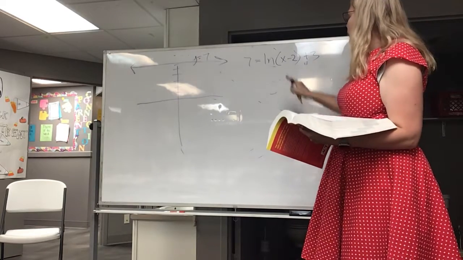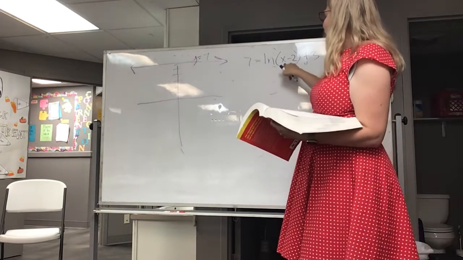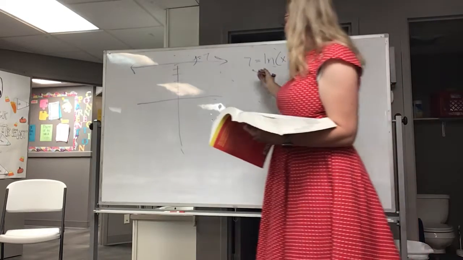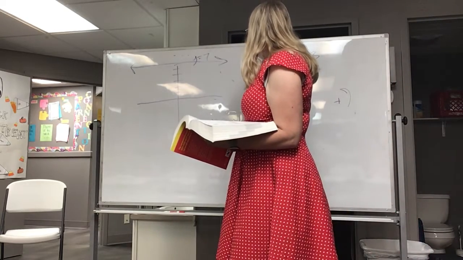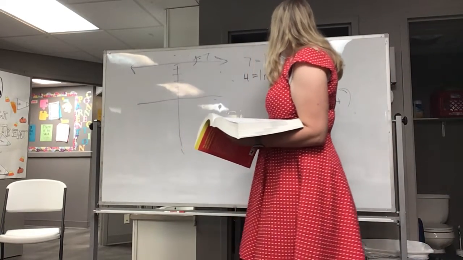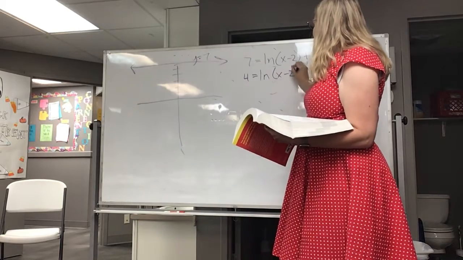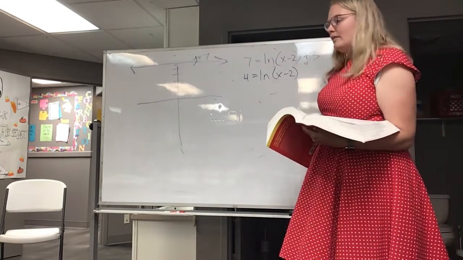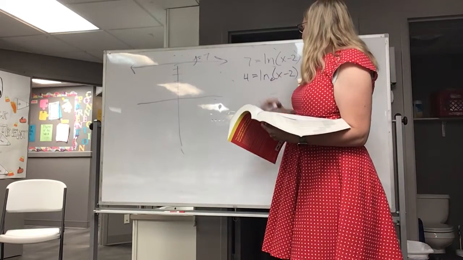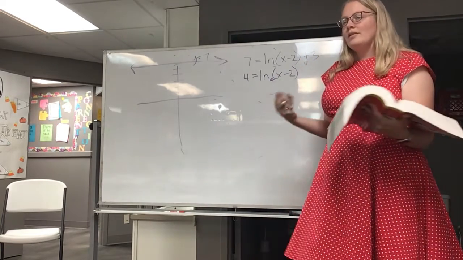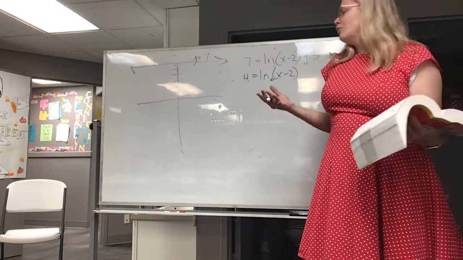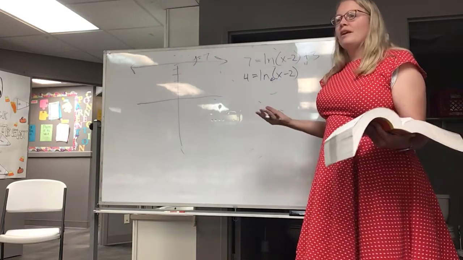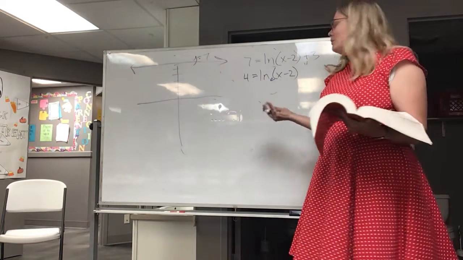Or in other words, solving for x, we're going to subtract 3 from both sides, and 4 equals the natural log of x minus 2. Natural log is log base e, and so in order to cancel that out or get rid of the natural log, we have to raise both sides of the equation to the e power.